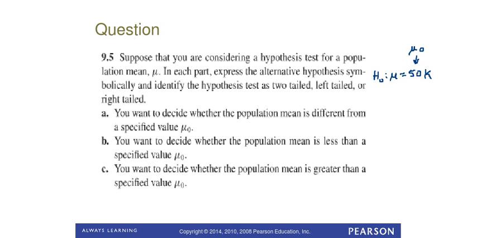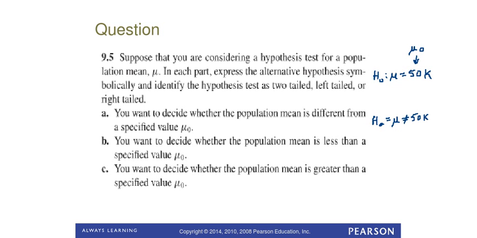So if we're just saying that it's different, our alternate hypothesis symbolically is going to be written as the mean is not $50,000, right? So we would try and make a test so that if we test this, we find the mean is not $50,000 when the mayor's wrong.